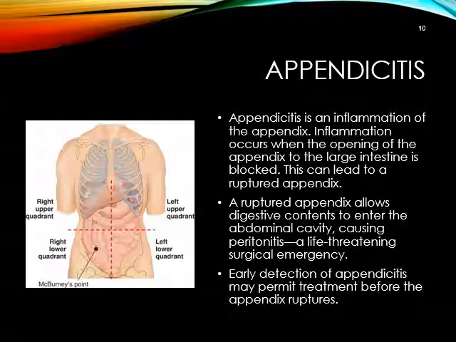I'm going to turn the page here, 752. Pre-op intervention: you want to keep that patient NPO. A position that's pretty comfortable for a lot of colon situations is side lying. With appendicitis, a side lying position with hips flexed is more comfortable. When they straighten out their leg, it hurts more.